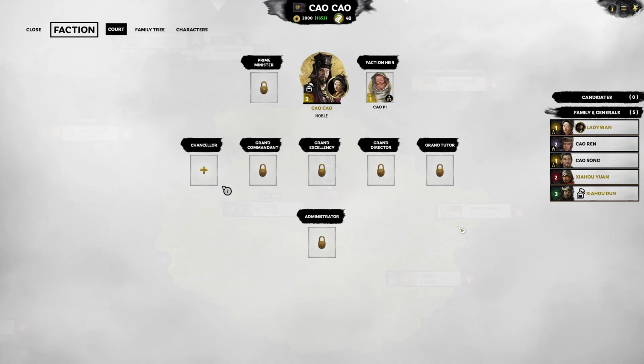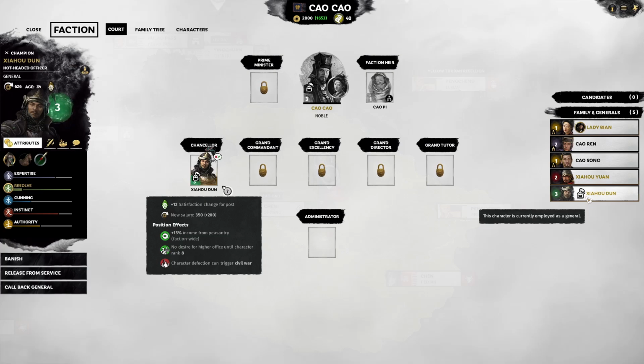Well, every position in the middle tier here will grant a character up to level 8 complete happiness. Meaning before they reach the rank of 8, they will not acquire any desire for higher office, as you can see under the positional effects.